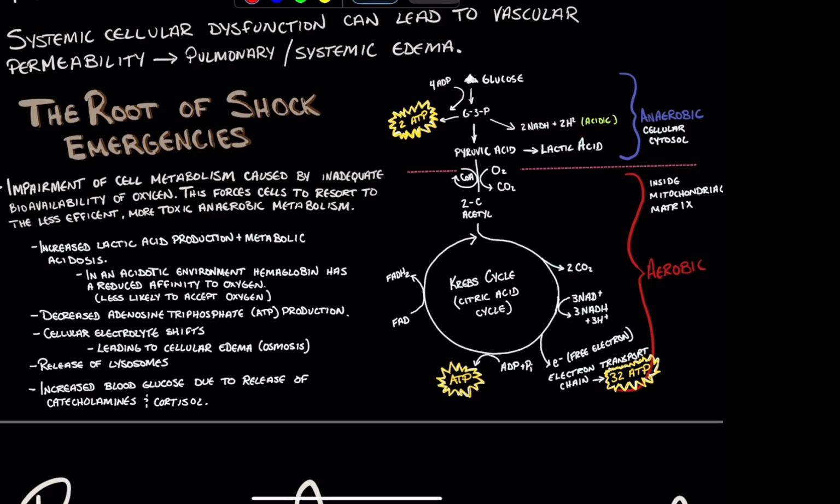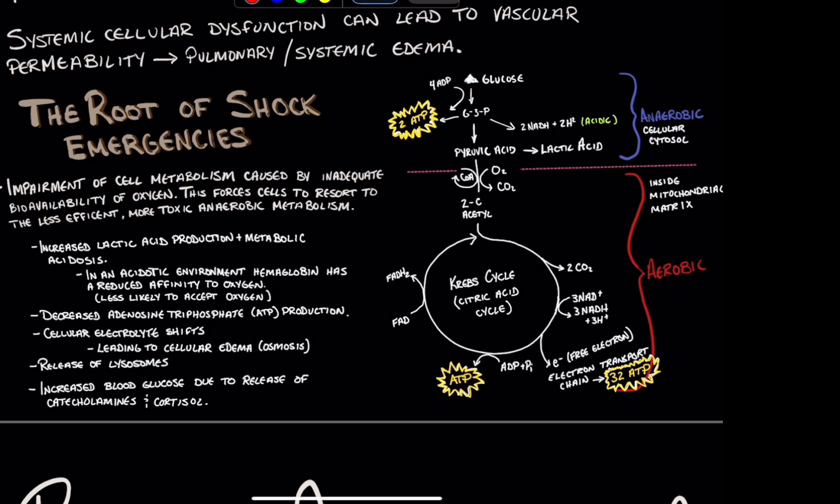But out of the whole interaction, we end up with a total that can be anywhere from 32 to 34. There's a few different studies that try to determine how much ATP the mitochondria, the electron transport chain, creates, but it doesn't really matter for you guys. The thing that's really important to notice is you're having over 15 times more energy being created through our aerobic metabolism.